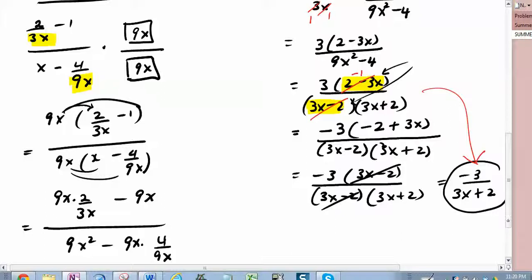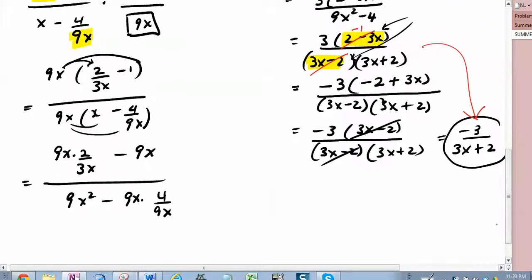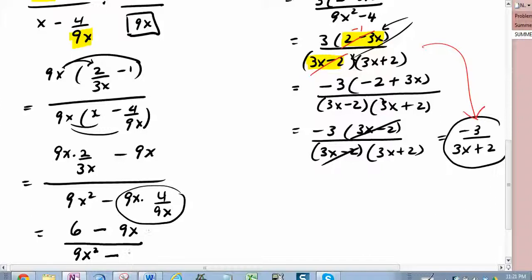Most of you may leave this step out and go straight to the next step, doing the distributing in your head. I'm going to get 18x over 3x, which is just simply 6, minus the 9x over 9x squared minus, when I simplify this, I get 4.